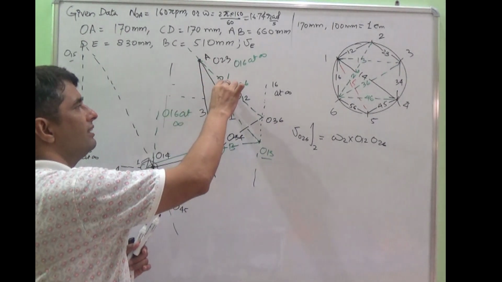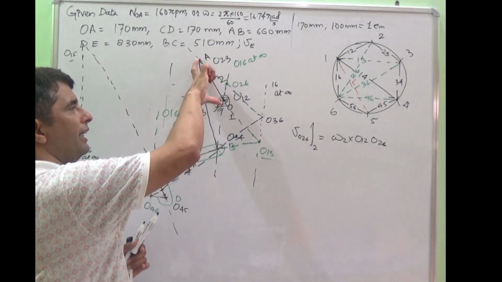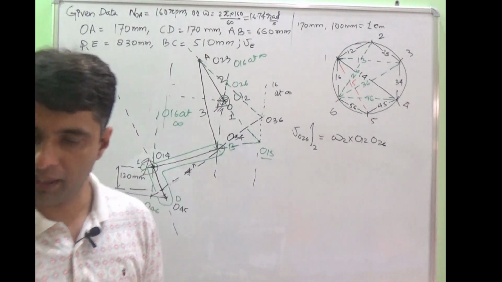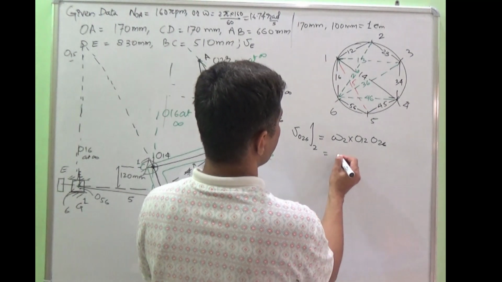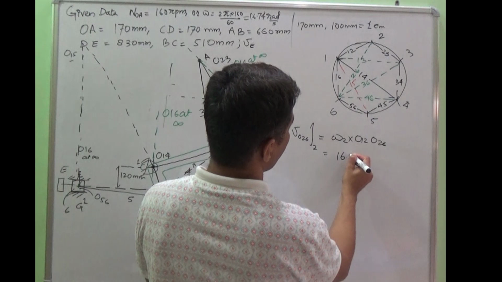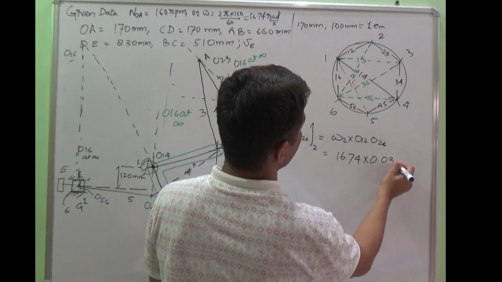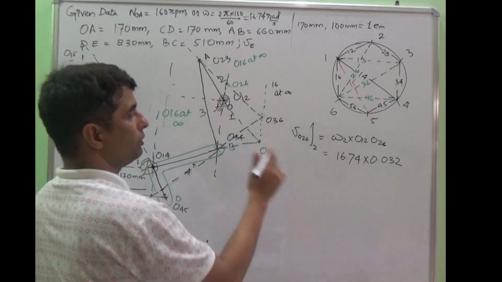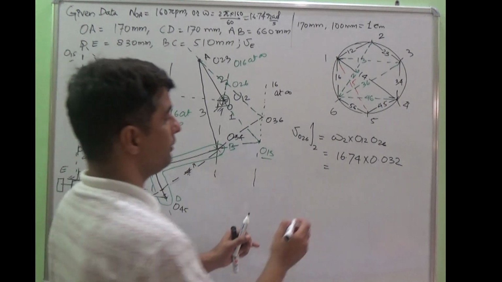Now you measure this length O12 O26, and it comes out around 32 mm. So we can put in the omega we have calculated, 16.74, multiply by this distance of 32 mm, and we get the velocity, which comes out 0.535.